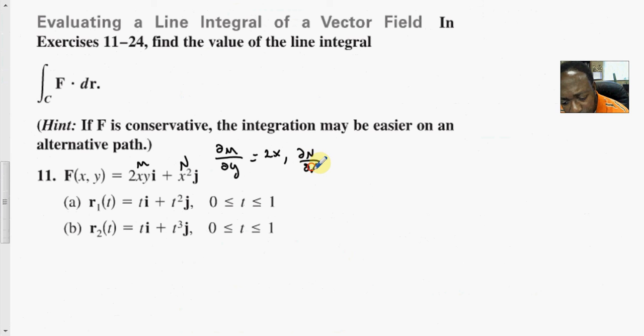The partial of N with respect to x is 2x. So F is conservative. So if F is conservative, then we're going to find the potential function.